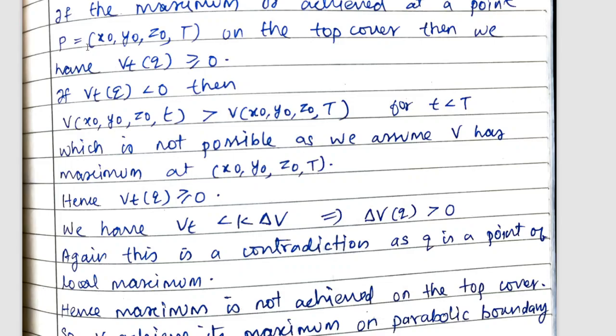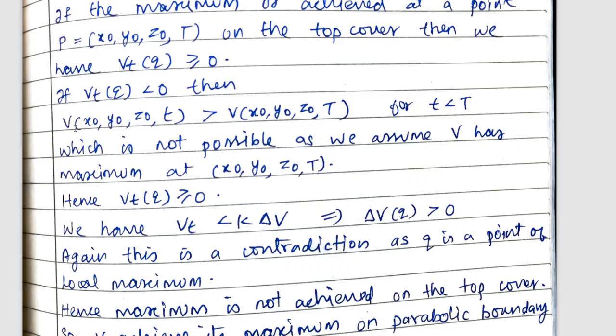Now at this point we have Vt at Q should be greater than or equal to 0. Now what happens if Vt at Q is less than 0? If Vt is less than 0, it means that here the slope is decreasing.